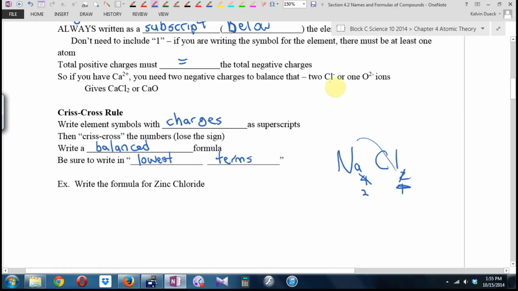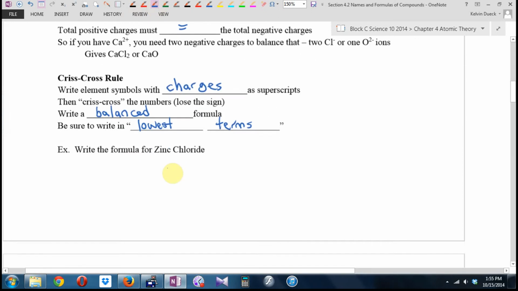Let's try one. It says, example, write the formula for zinc chloride. Off in the margin, I would write the symbol for zinc. What's the symbol for zinc? I'm in Canada, so it's Zn, proudly. What's the ion charge on zinc? I put it at the top here temporarily.